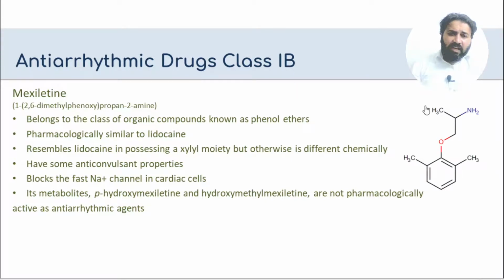It resembles lidocaine in possessing the xylyl moiety, but it is chemically different from lidocaine otherwise. When Mexiletine gets metabolized, its metabolites like para-hydroxymexiletine and hydroxymethyl-mexiletine are not pharmacologically active. They become inactive.